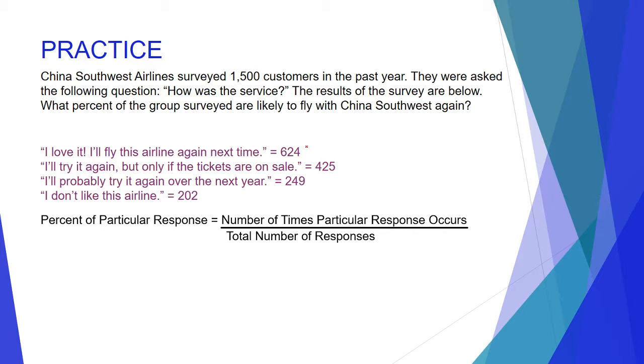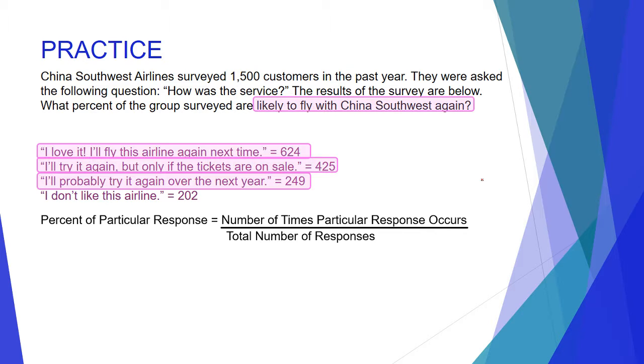The second one as well because it says I'll try it again, but only if tickets are on sale. So if tickets are on sale, then they'll try it. So they are likely to try it again. Third option, I'll probably try it again over the next year. That means they are. The question does not say for sure flying again. It says likely.